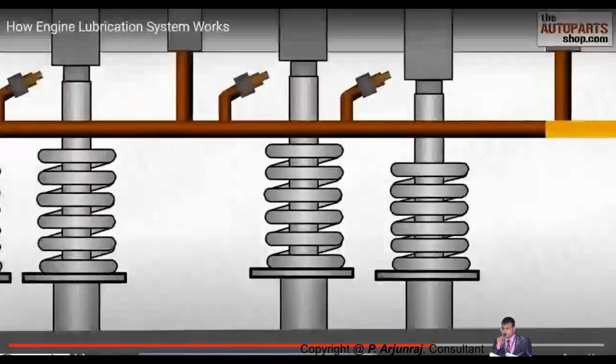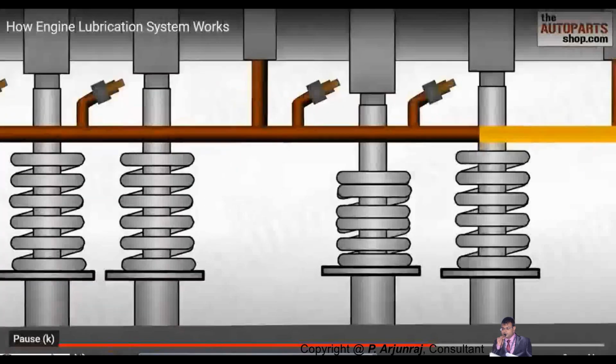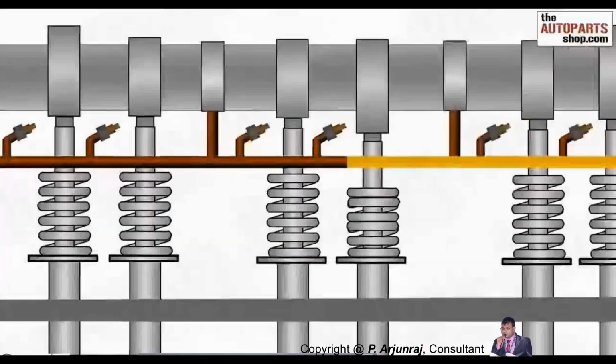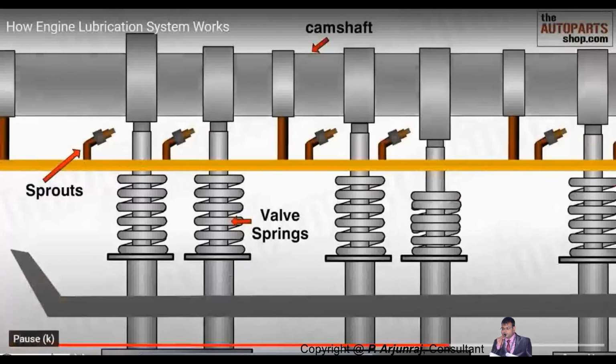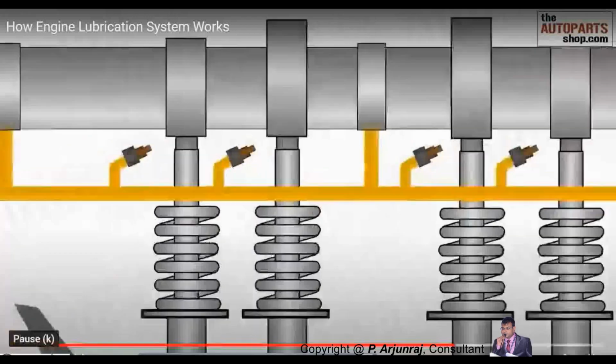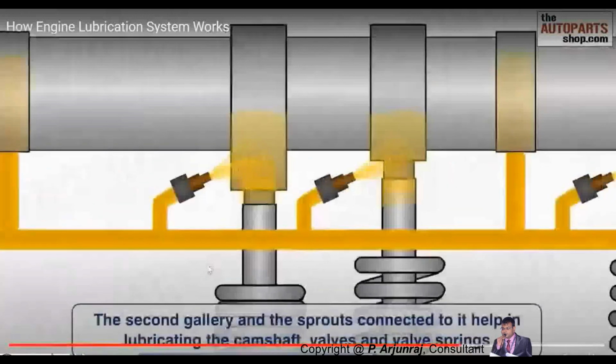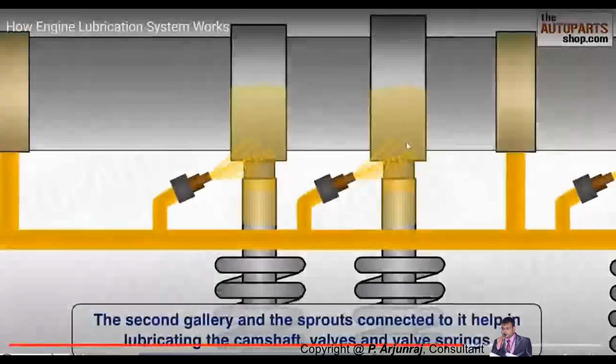You see again, these are valve components, valve train components like the valve spring. It is again a main gallery. You have the sprouts, basically those kinds of things. You see the oil gets sprayed onto the valves. This is the camshaft.